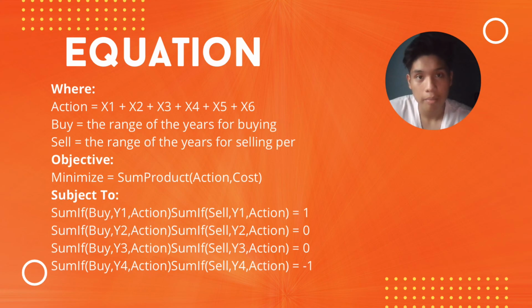Then SUMIF(buy, y3, action) minus SUMIF(sell, y3, action) equals 0. Then last, SUMIF(buy, y4, action) minus SUMIF(sell, y4, action) equals -1.